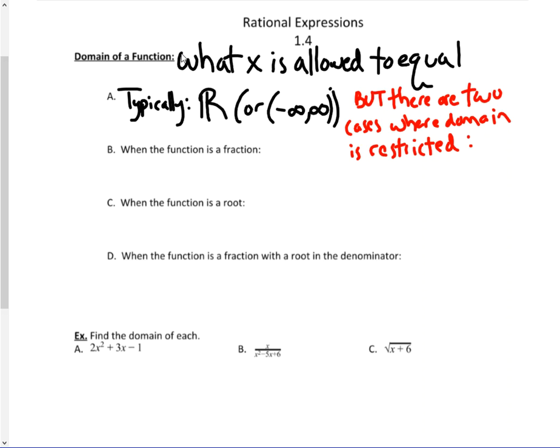Case one happens when we have a negative number under a root. Specifically a square root in this case.